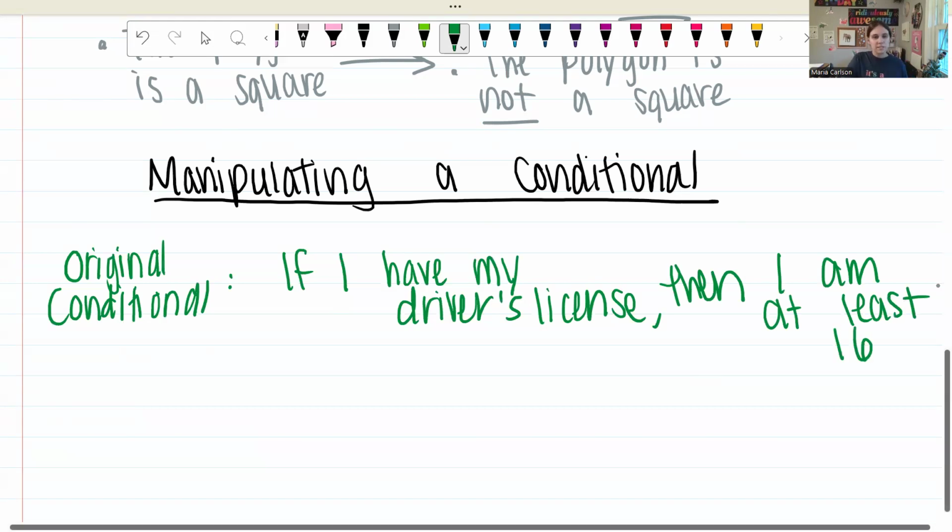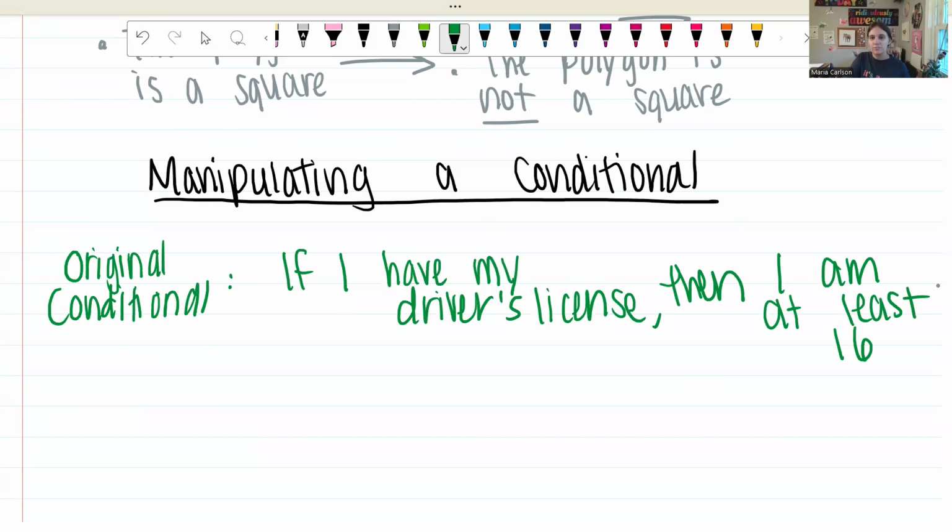I wrote it this way on purpose. This is our conditional, P implies Q.